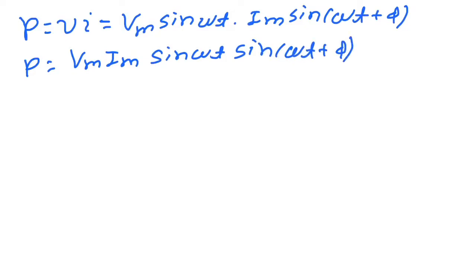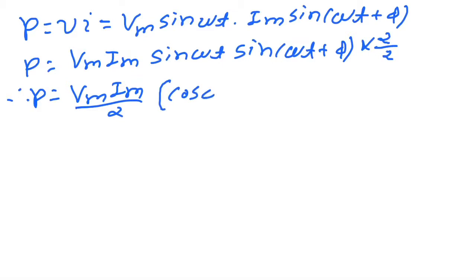Now multiply this equation by 2 and divide by 2. We get instantaneous power p equal to Vm Im by 2 into [cos phi minus cos (2 omega t plus phi)].